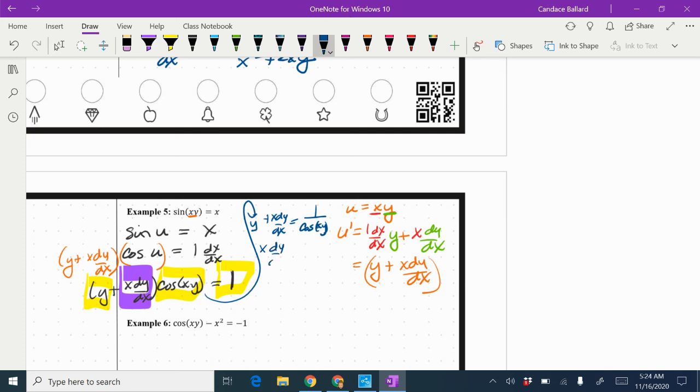So dy/dx equals 1 over cosine of xy minus y. Then I am going to divide by the x, which is going to make it look super weird, but that's okay. We're just going to leave the mess. So 1 over cosine of xy minus y, all over x.